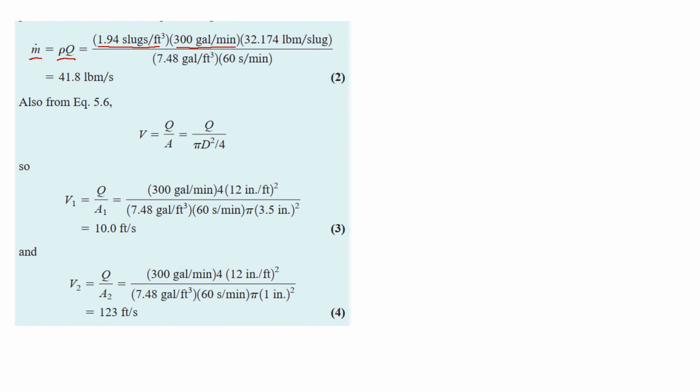The 32.174 pound mass per slug is used to convert this slug into pound mass, because we need to convert these terms into appropriate units. The 300 gallons per minute is converted into cubic feet per second, so for that purpose we divide by 7.48 gallons per cubic feet, and for seconds we divide by 60 seconds per minute.